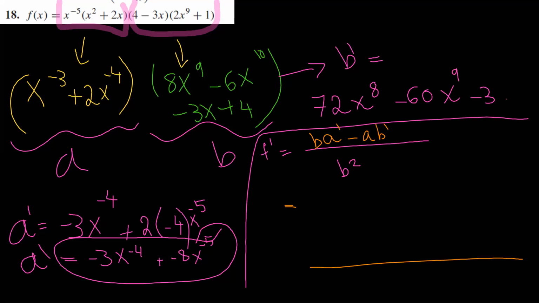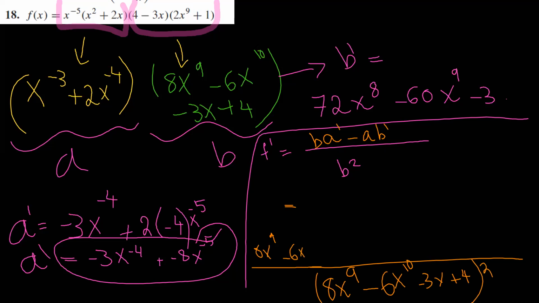Where's B? It was 8x to the power 9 minus 6x to the power 10 minus 3x plus 4, squared. And up, I will start with B, which is 8x to the power 9 minus 6x to the power 10 minus 3x plus 4, times, where's A prime?